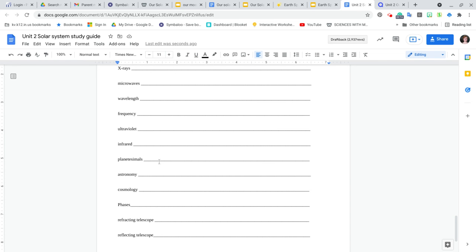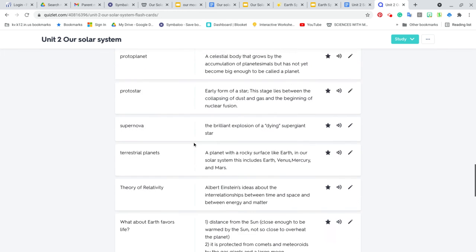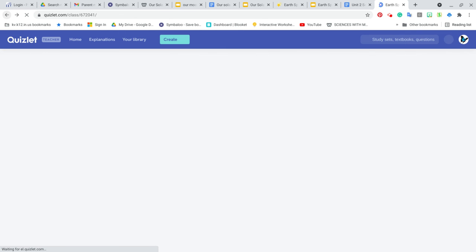Know what a planetesimal is. What's the difference between astronomy and cosmology? Phases. What am I talking about? What is a phase? Refracting versus reflecting telescope. That was one of our assignments on Quizlet. I believe it would be in our science, the science of space.